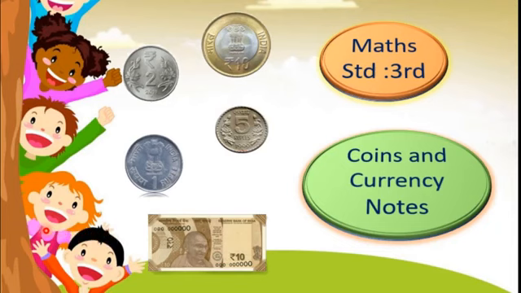For 10 rupees also, right? Nowadays, we use 1 rupee, 2 rupees and 5 rupees notes rarely. Correct? Now, we will go through the different notes and coins and we'll study about their values. Okay?